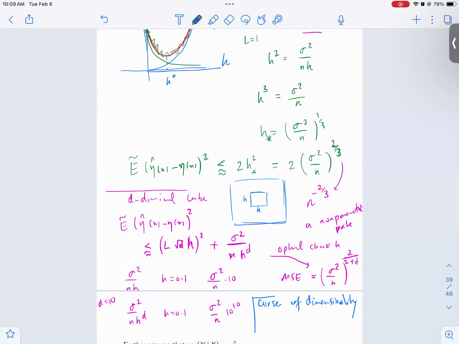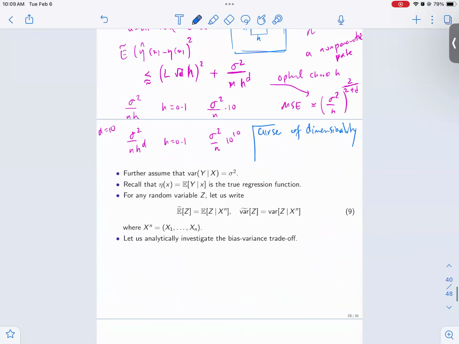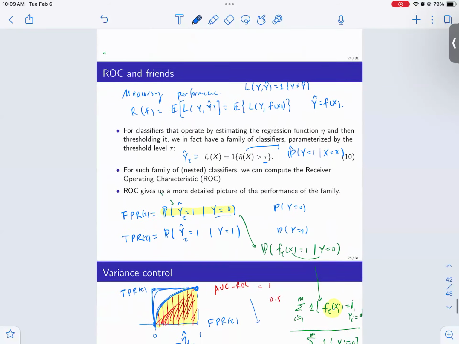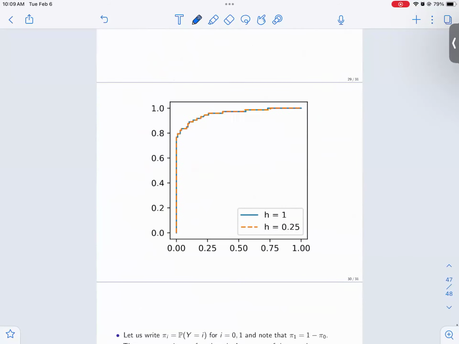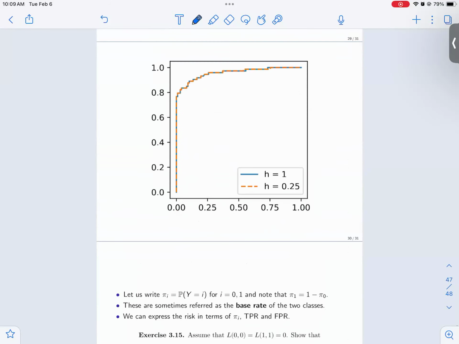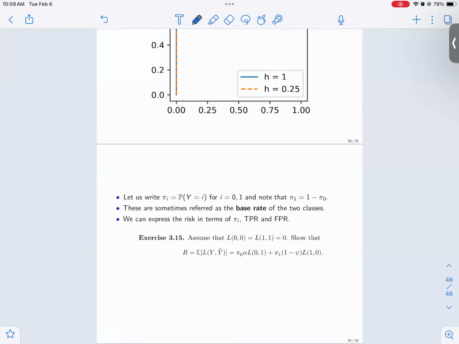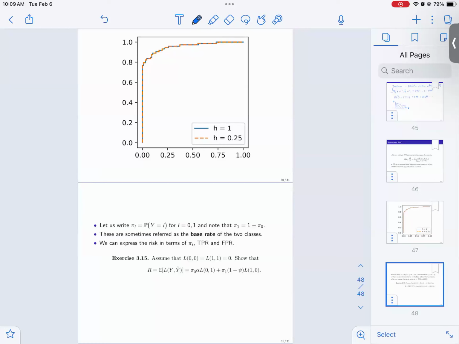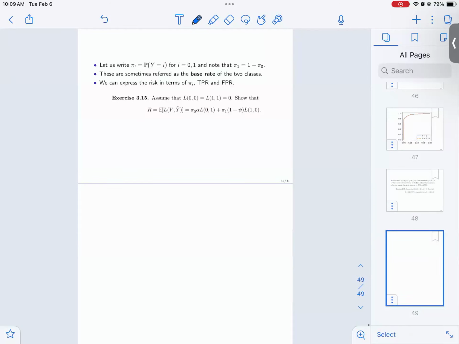So for that reason, people often approach this problem by imposing a model for the class of functions that we have, and then trying to find within that class an estimator that fits the training data.